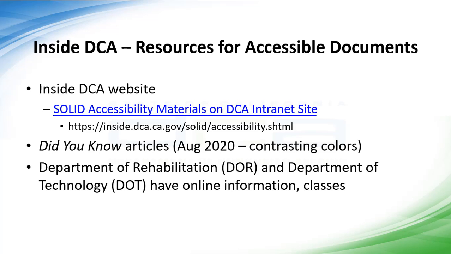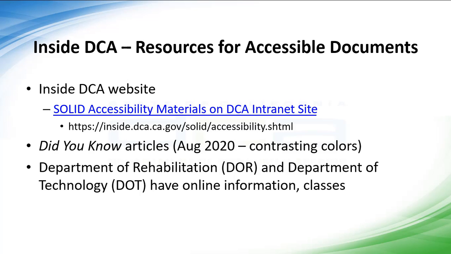I would recommend, if you have a lot of information or questions, that you go to the Department of Rehabilitation or you go to the Department of Technology, and they have a lot of online pages. They have a lot of online information, and they also have classes that they are offering at a cost.